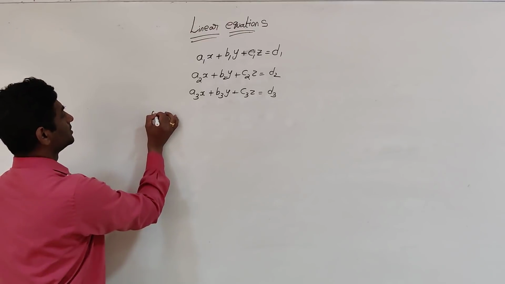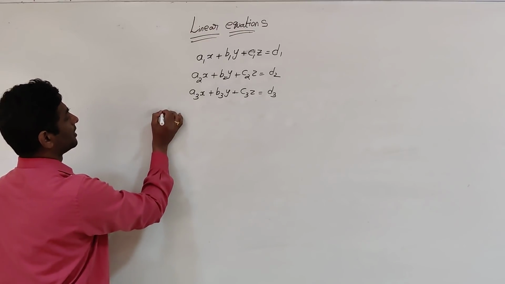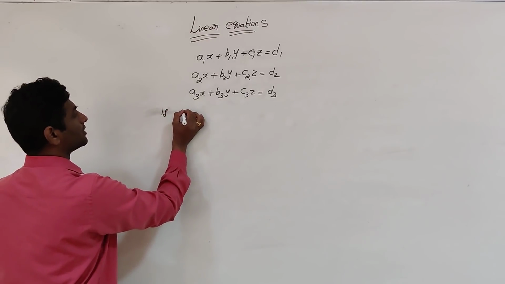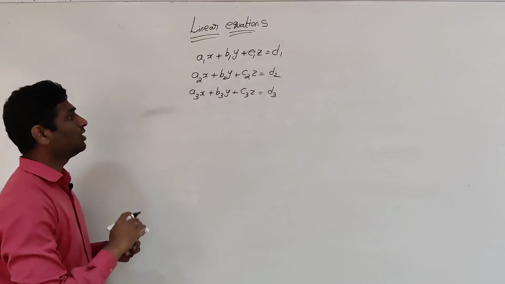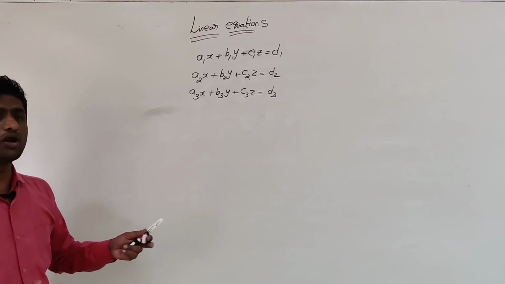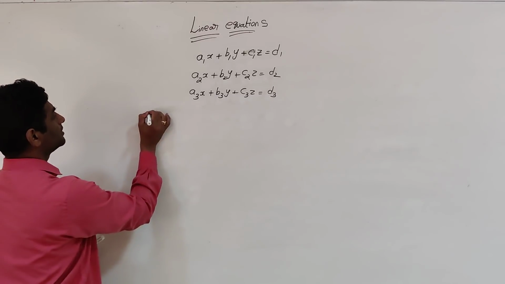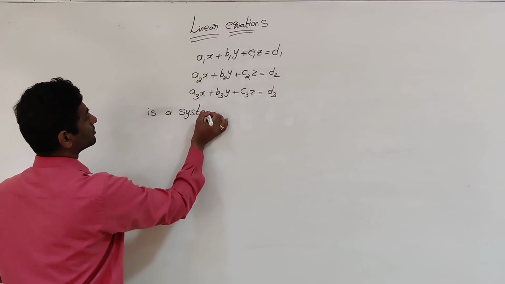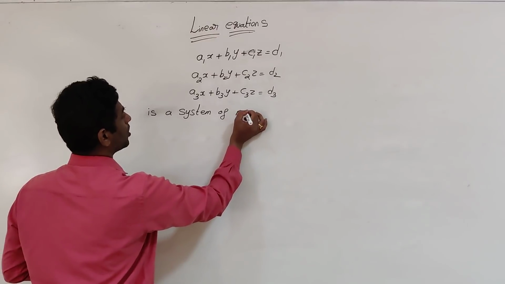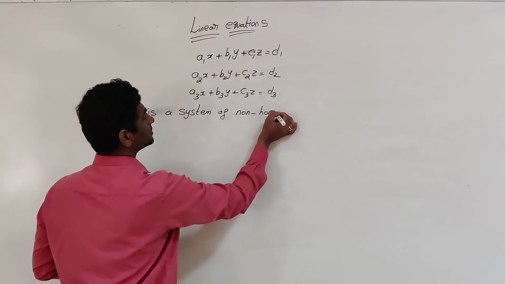where all the constants d1, d2, d3 may not be 0, is a system of non-homogeneous equations.